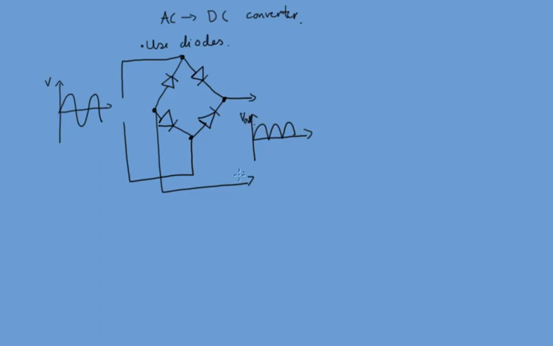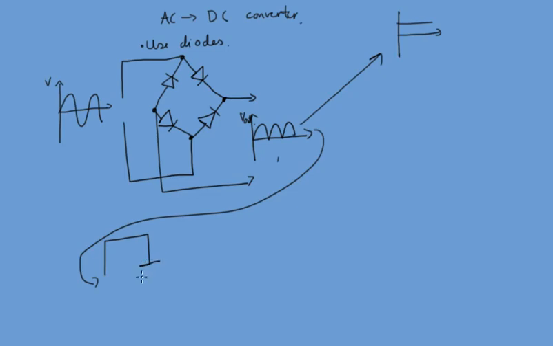So you've only got a positive only potential, which is interesting and not at all useful in modern devices. So we need to take this and turn it into a DC current. So your DC current is like that, it's just flat. And so to go from this to this, we need to smooth this out. So what we do is we take this and feed it into another circuit.